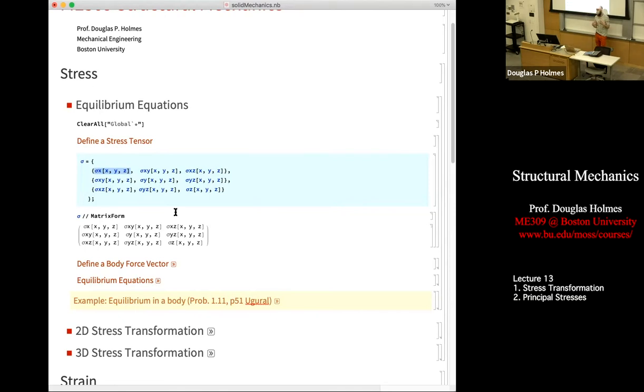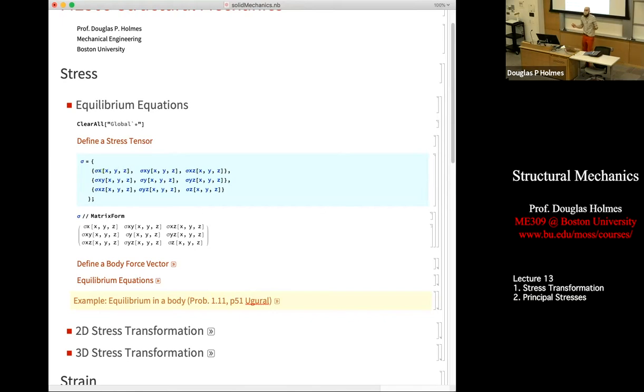The text I've highlighted there says, hey, our stress tensor has components in the 9 little places there. And each of those components is a function of x, y, and z. That's what this is saying. The square brackets say this is a function, which means sigma x is a function of x, y, and z.